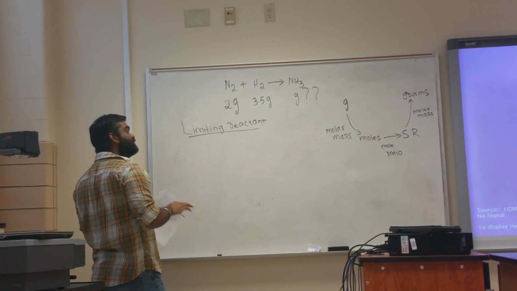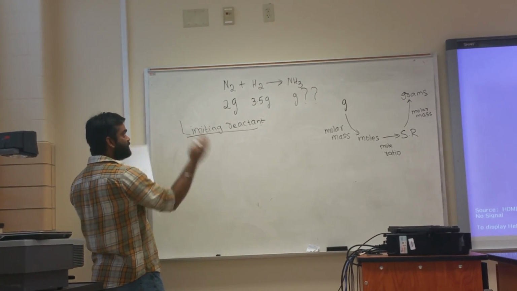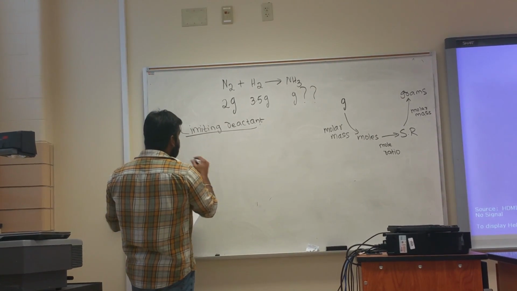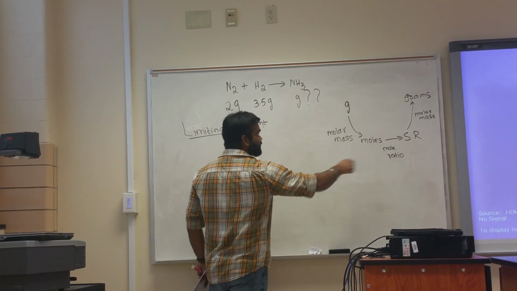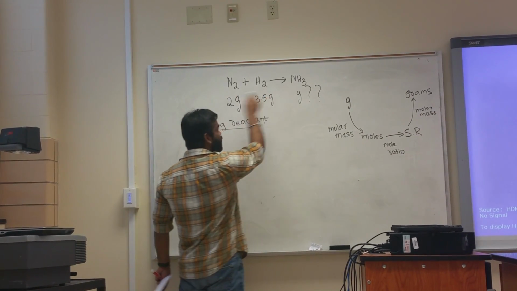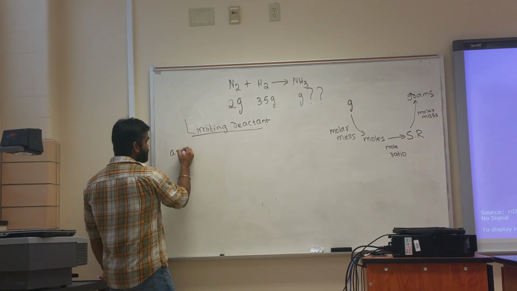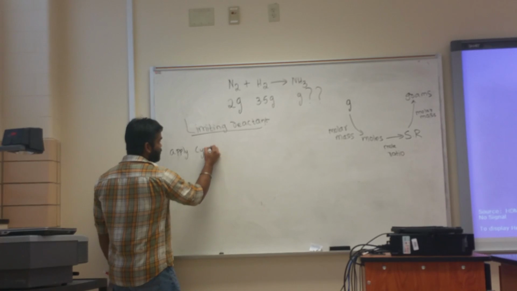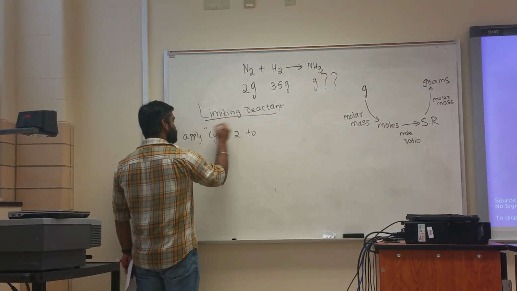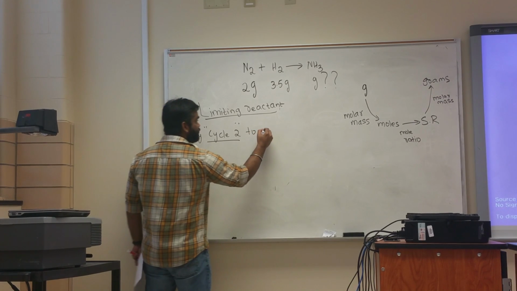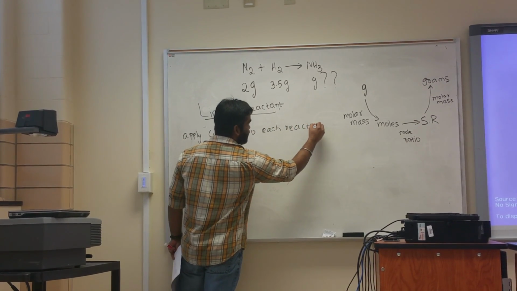If the question doesn't say excess, you've got to assume it's limiting reactant because it says so on cycle 2. First, you've got to apply the cycle for each one of the reactants. Let me write it stepwise. Apply cycle 2 to each reactant. I'm just going to leave it at that and come back and explain what I mean by that.